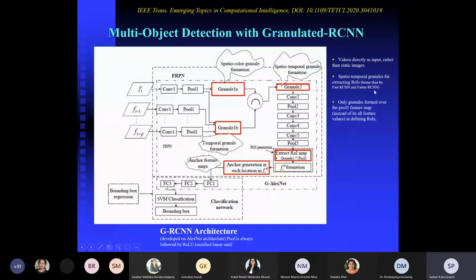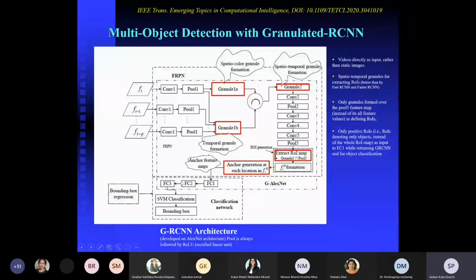I'm using only granules formed over the pool 5 feature map, instead of all features, in defining the region of interest. So my number of features is small, but well represented. Only positive ROIs, that is ROIs denoting the object regions, instead of the whole ROI map, are used as input to the fully connected network.